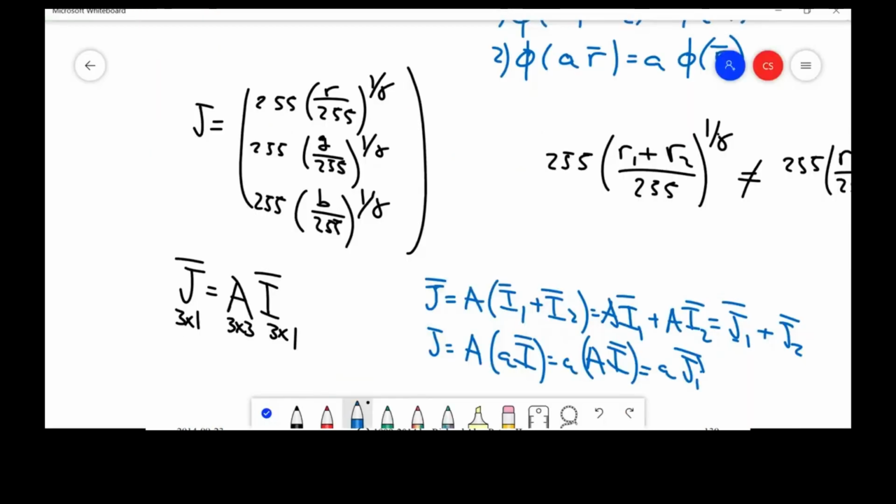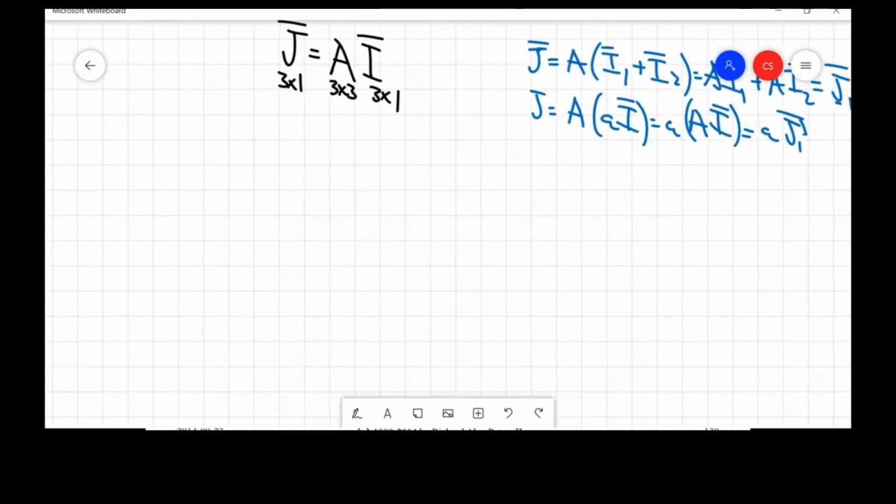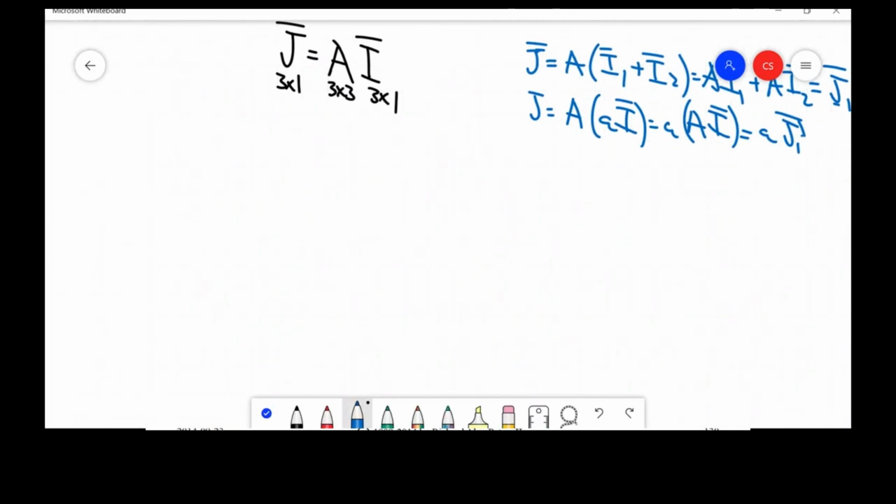Okay, so let's move to here and say, in general, I will have a color Ri, Gi, and Bi. I have to multiply by a matrix.